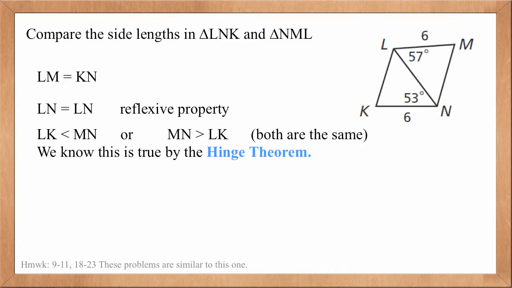I know, therefore, by looking at the angles, that LK, the side LK, has to be less than the side MN, or we can alternatively write it as segment MN is greater than LK. Both of those statements are the same. I know that this is true by the Hinge theorem. And I know it's the Hinge theorem because I'm given the angles and I conclude about the relationship between the sides, LK and MN.